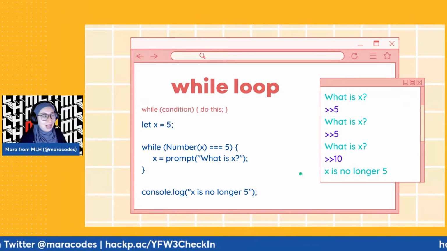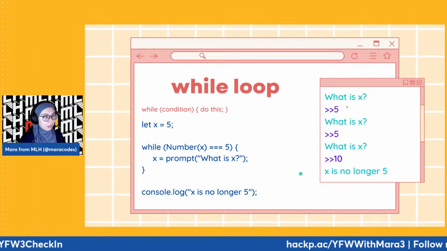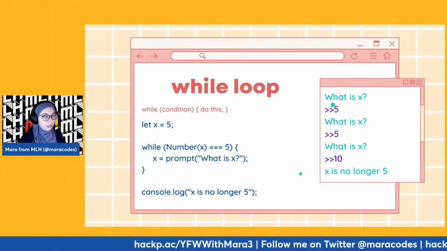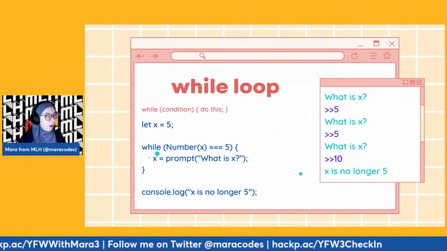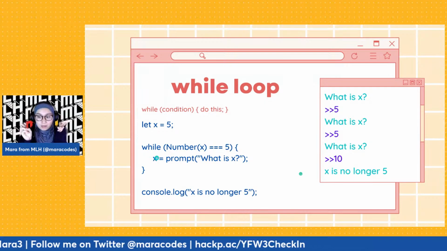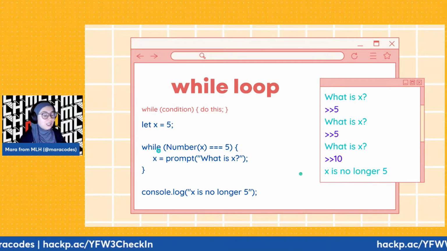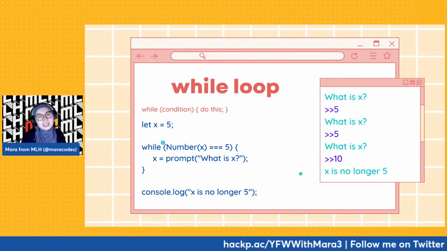So if I ask what is X, and the user inputs 5, X is now the string, so quotes 5. The way I can make sure that it still works is I can do something called typecasting.